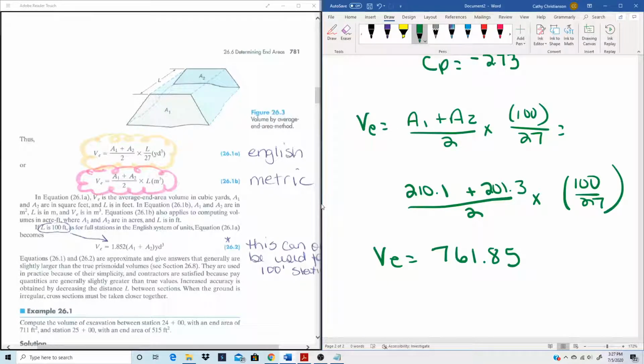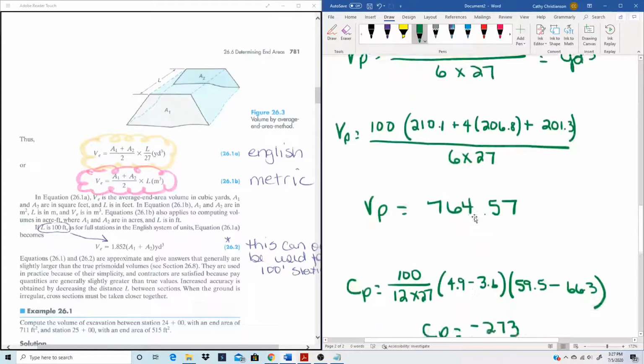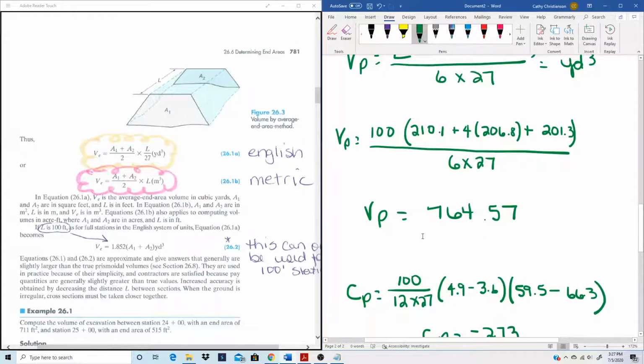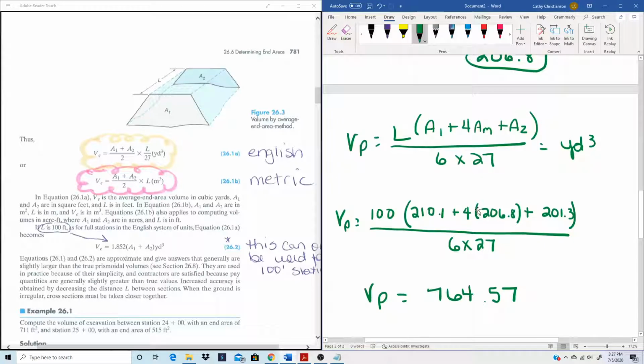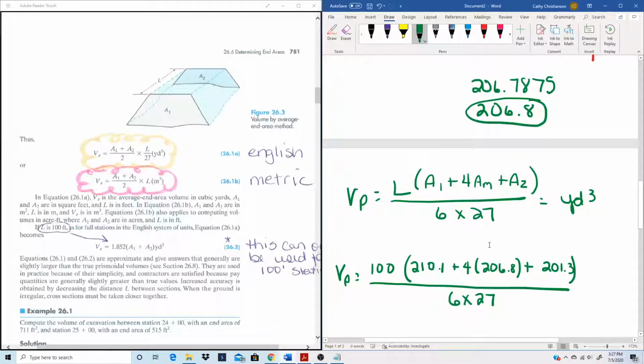So minus that 2.73, and it gives you 759.1. And I got 764.57. So I must have something in here wrong. I think we did it on the board, so I'll look back at it, but that would typically be how you should do it, and it should be within a tenth. So I'll double look at my numbers again.